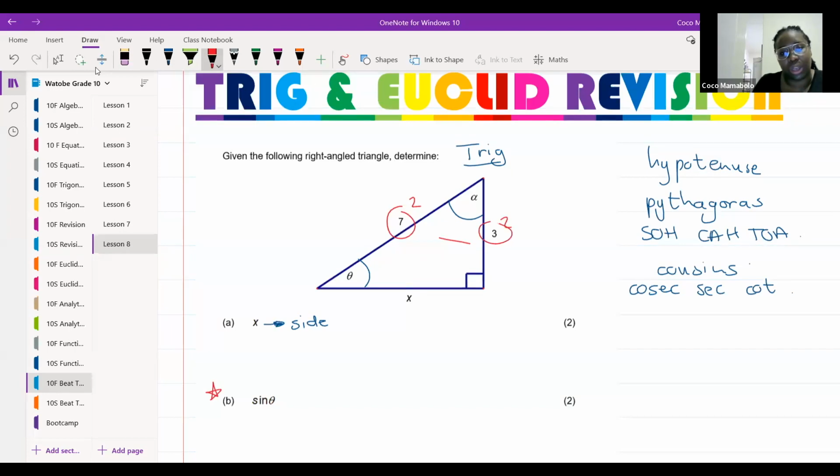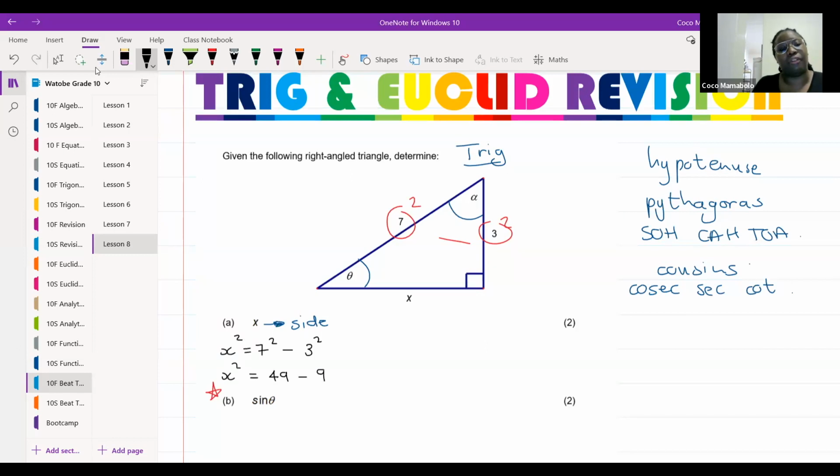That's how we're going to get the answer we're looking for. We're subtracting. So we can say 7 squared minus 3 squared equals x squared. So x squared is going to equal 7 squared, which is 49, minus 3 squared, which is 9.